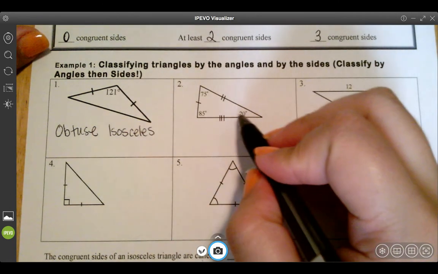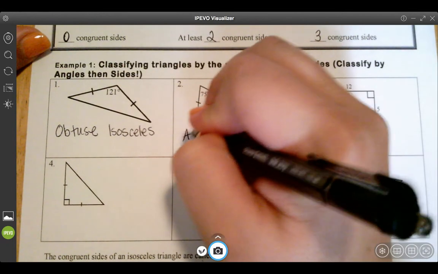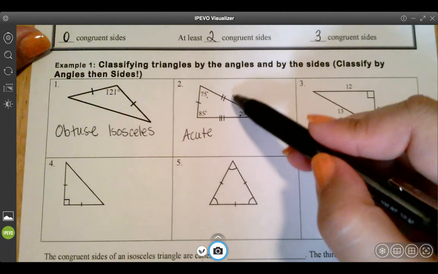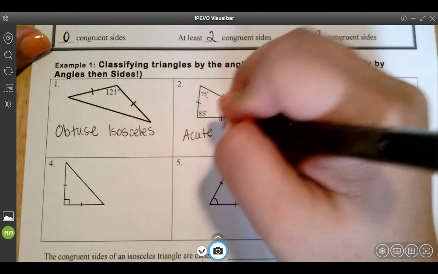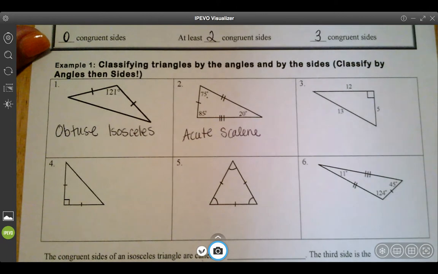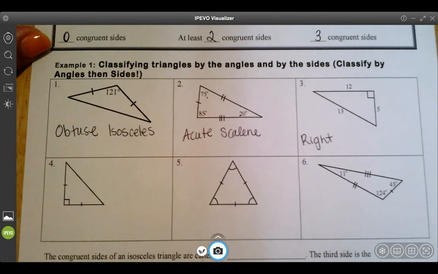Our next triangle, we have 20, 75, 85. All of those are less than 90, so this is acute. And then our congruence marks show us that 1, 2, 3, none of the sides are the same. So this is scalene. The next one has that nice box angle that tells me it's a right triangle. The side lengths 5, 12, and 13.